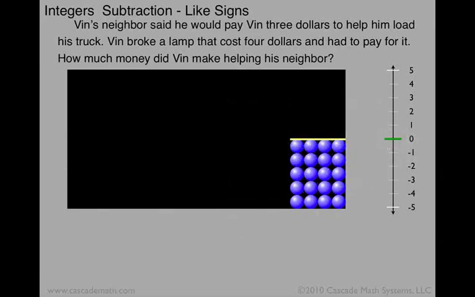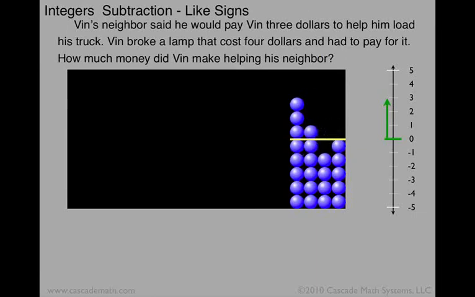Here's how I worked the problem. Since Vin was paid $3 for loading the truck, I used 3 balls to represent this. Positive 1, positive 2, positive 3. Since the lamp cost Vin $4, I had to take away 4 balls, but I only had 3. I used what I know about 0 and added one positive and one negative to the tray.